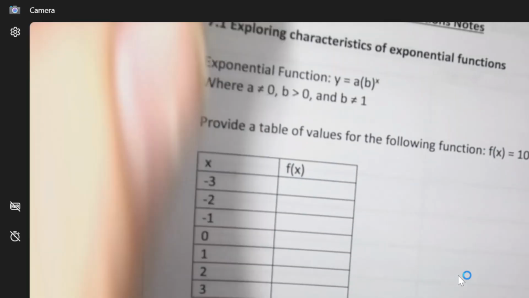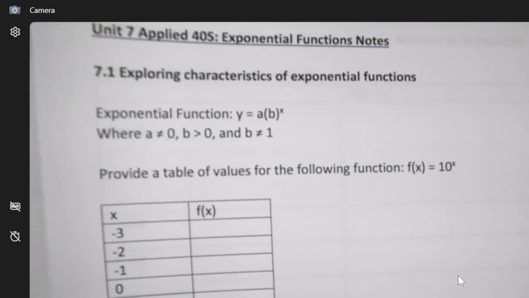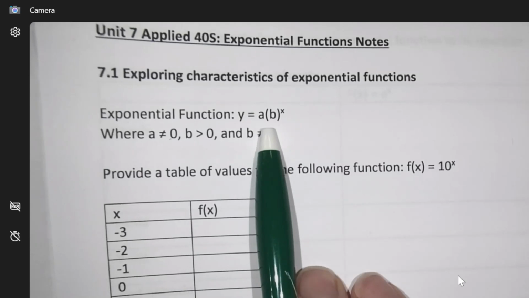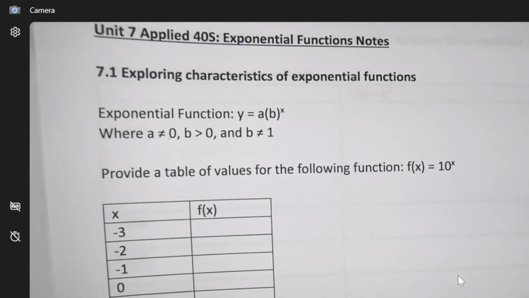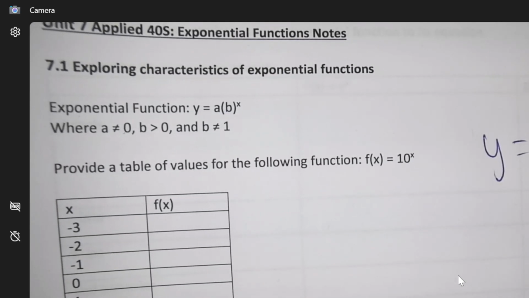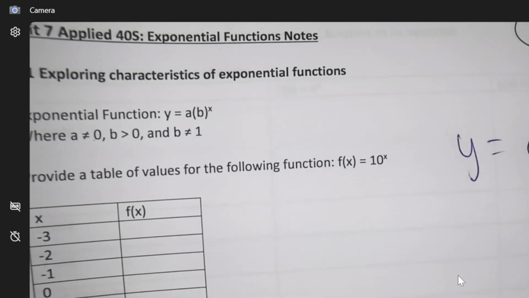Okay, learning about an exponential equation. An exponential function looks like this: y equals a times b to the x. When you're looking at something like that, this is called the base. This is an exponent.